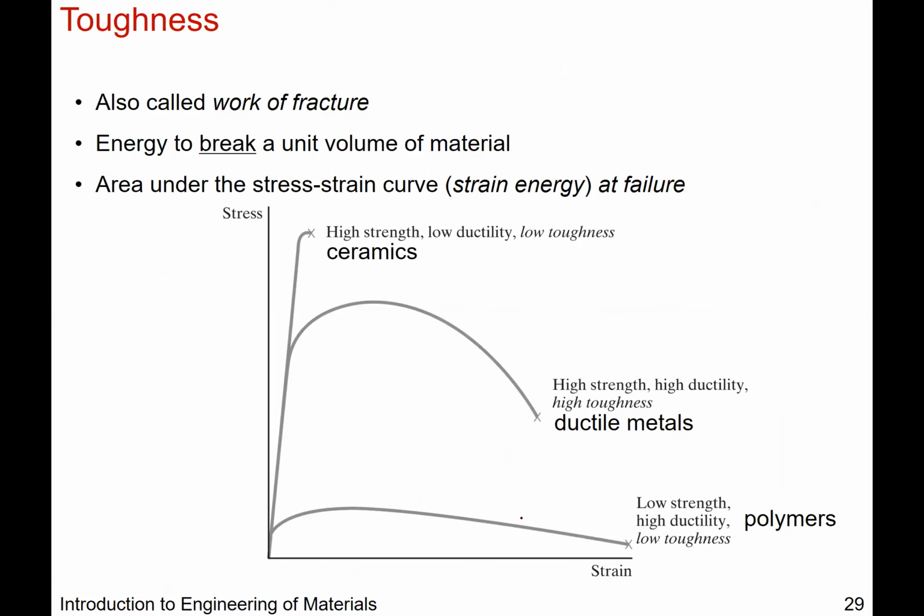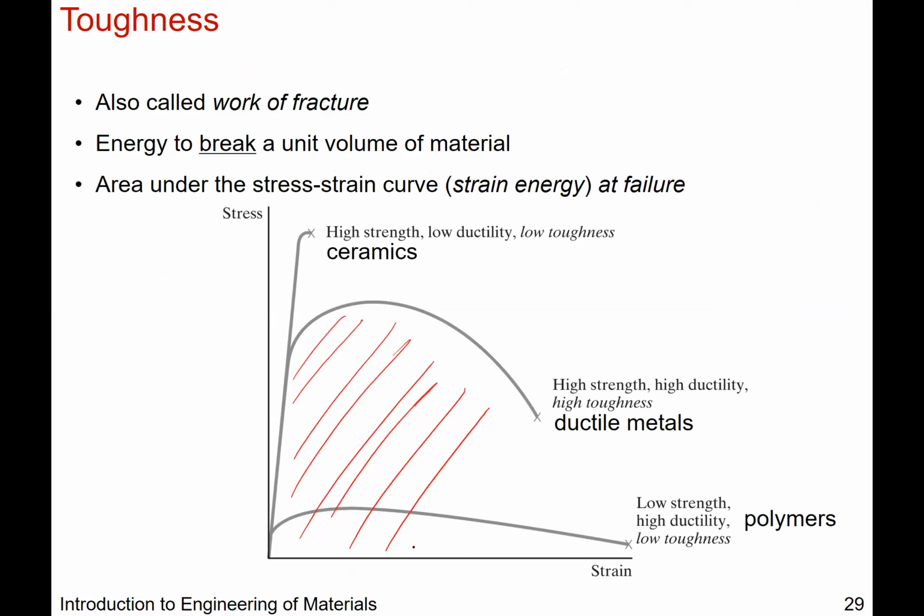What's less straightforward is toughness. When we're talking about the energy, we're talking about the integration under the curve. For ductile metals, you'd have to integrate the area under that curve, and it's not as straightforward because there's no analytical form for this stress strain curve.